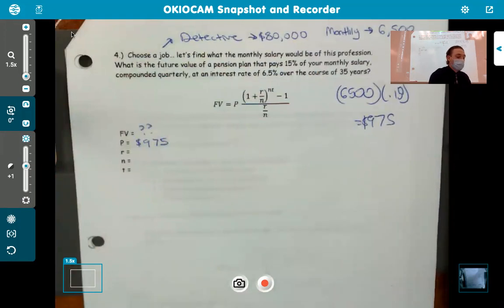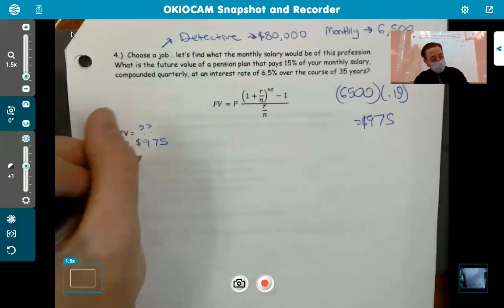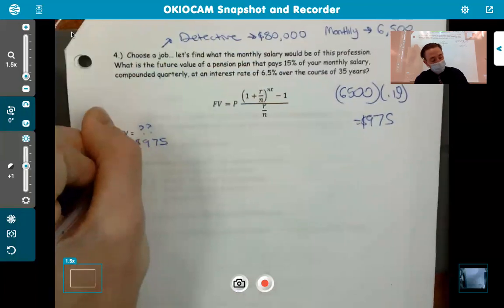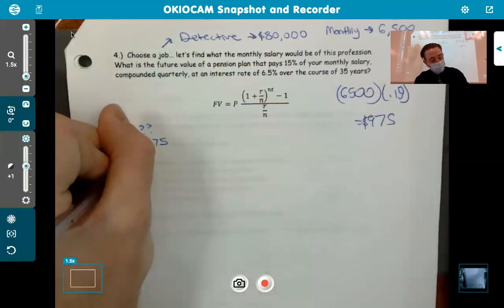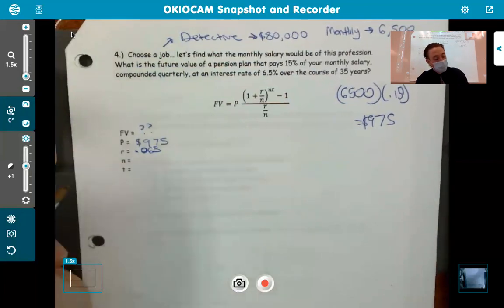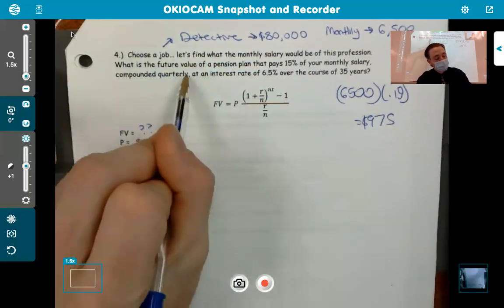But our monthly payment is $975, or our payment each time is $975. The interest rate is 6.5%. What's that as a decimal? Good. Happening quarterly. Let's change that to monthly.